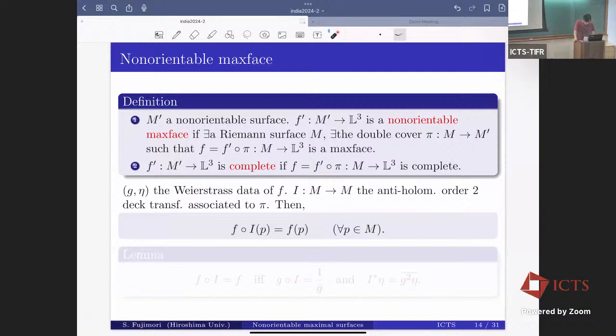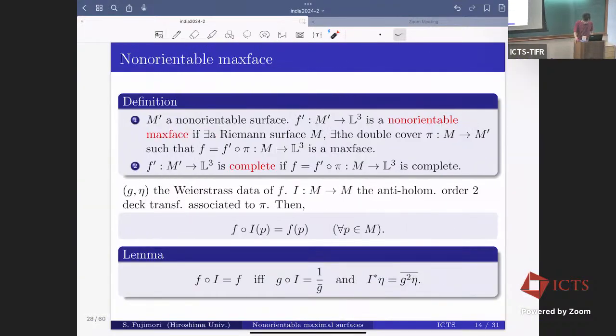And let G and eta be the Weierstrass data of F, and I the anti-holomorphic order 2 deck transformation associated to pi. Then we have this again. Since M is a double cover, F and the composition of F and I go to the same point. And in this setting, the Weierstrass data changes this way.